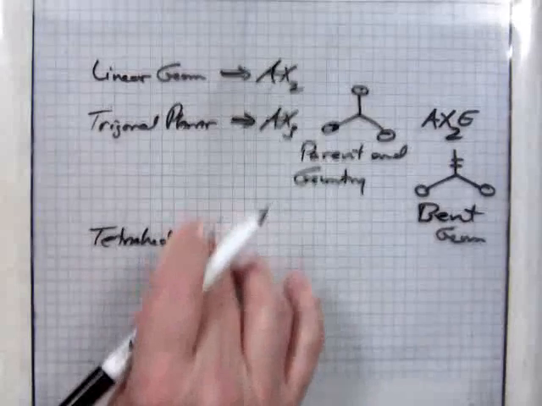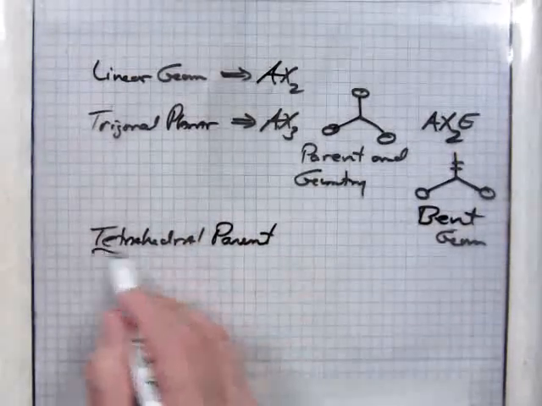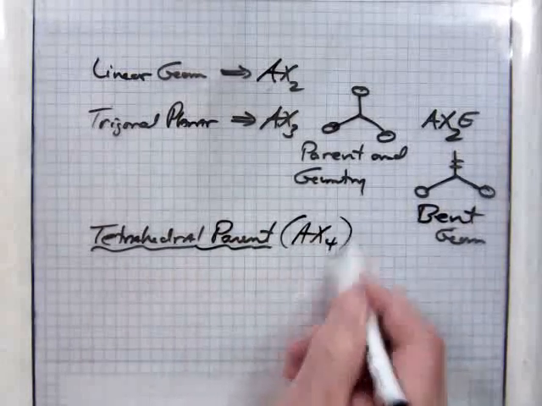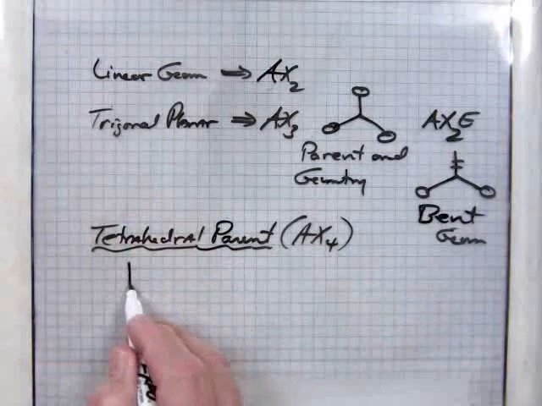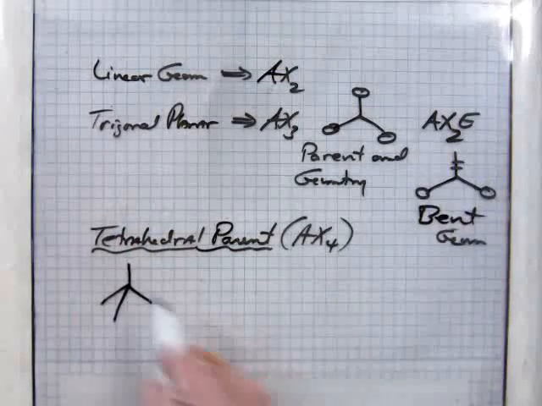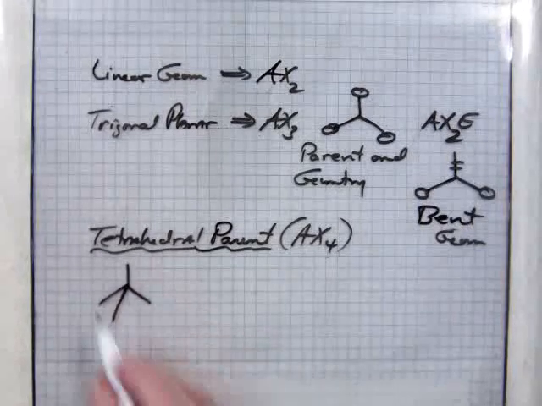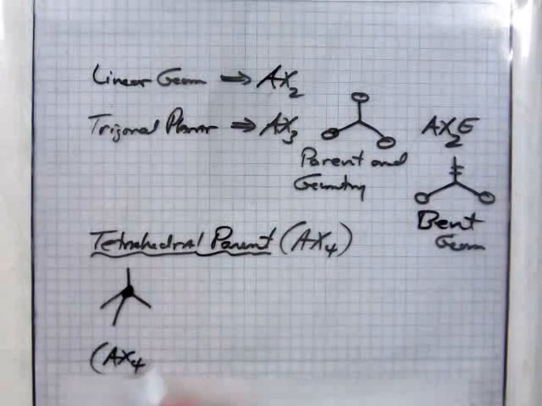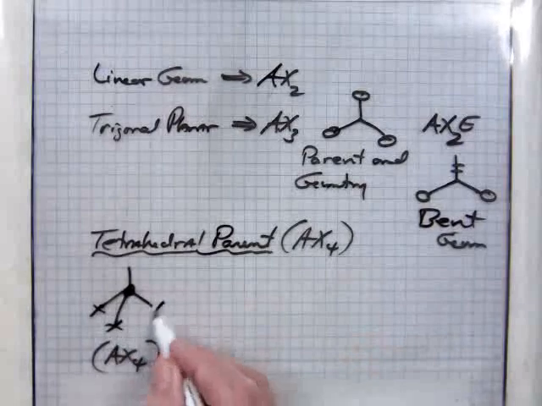Now, we move from here to the tetrahedral parent, is what I should say. And of course, that's an AX4 structure, and that's your tetrahedral. So you'd have something like this to begin with. It gives you the regular tetrahedron around the central element. And if you have an AX4 parent, then you have 4 attachments.